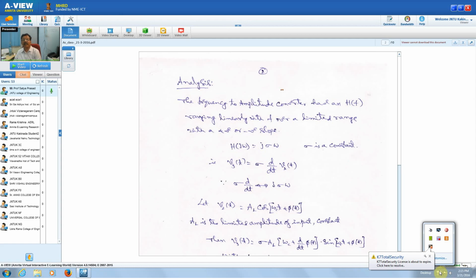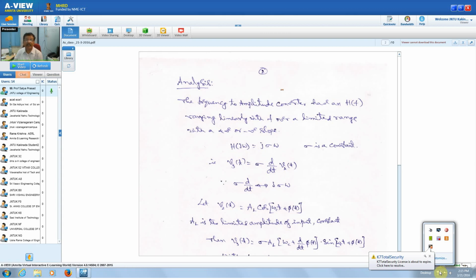Therefore, the frequency domain representation of this time domain operation sigma d by dt is j sigma omega, which is nothing but a differentiator in the time domain. And let us say that the input signal, V2 of t, is A cos of omega c t plus phi of t, the unmodulated carrier omega c t plus the angle variations phi of t that we are going to have.